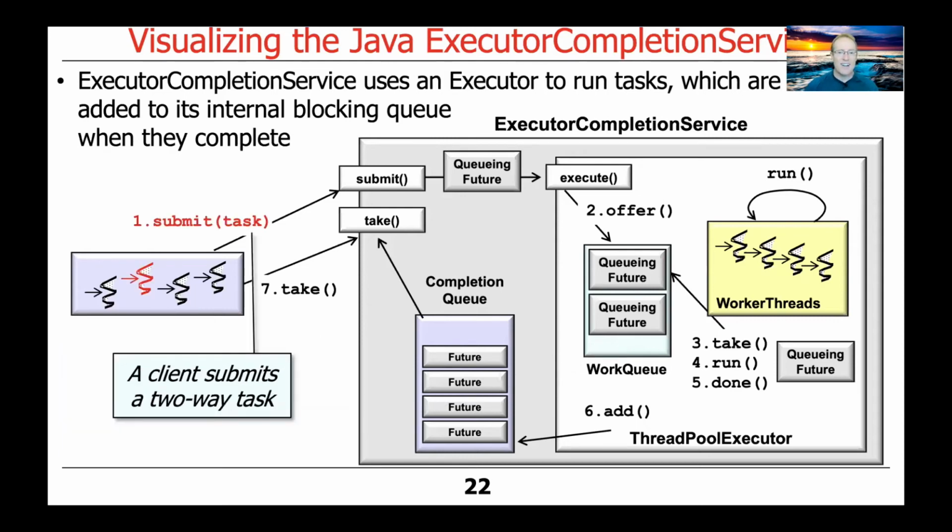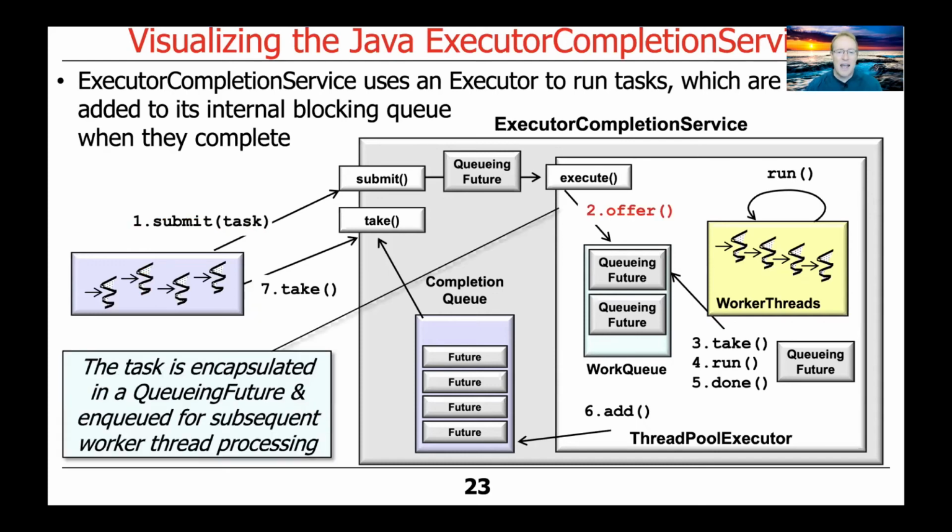Let's set the wheels in motion. At step one, a client thread submits a two-way task using submit with, let's say, a callable instance. That task is wrapped up in something called a queuing future, which we'll talk more about shortly. Then the internals of the framework call execute with that encapsulated task that was passed in by the client, and it gets put onto the work queue.